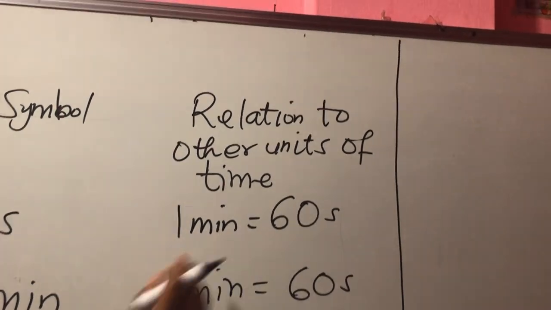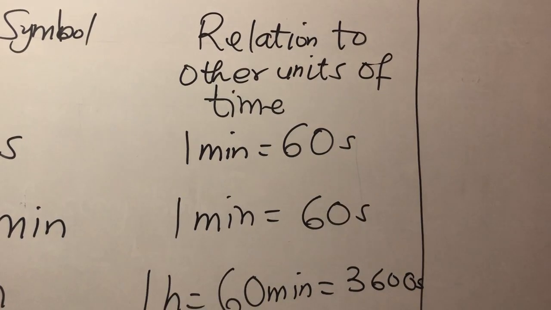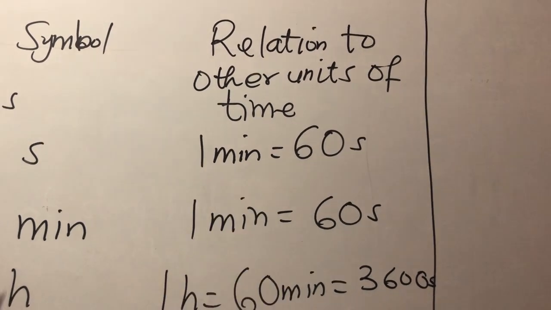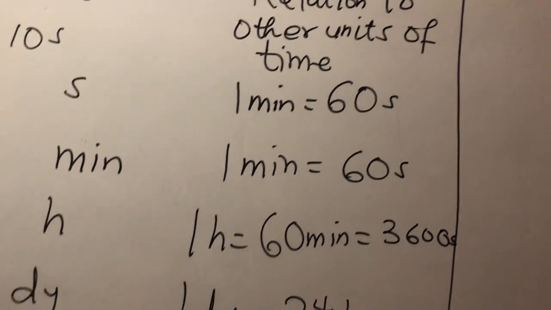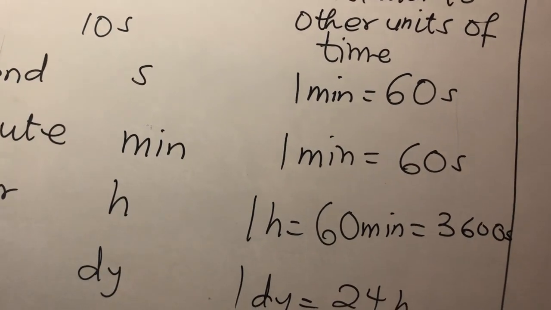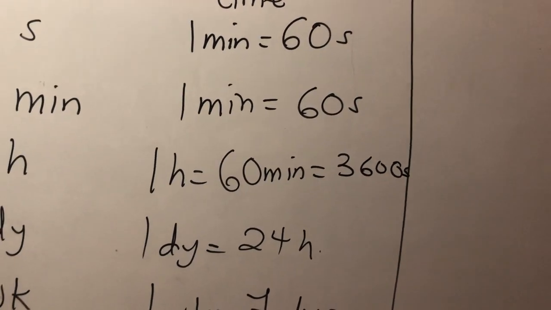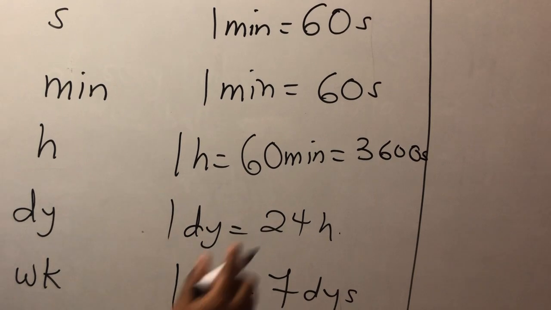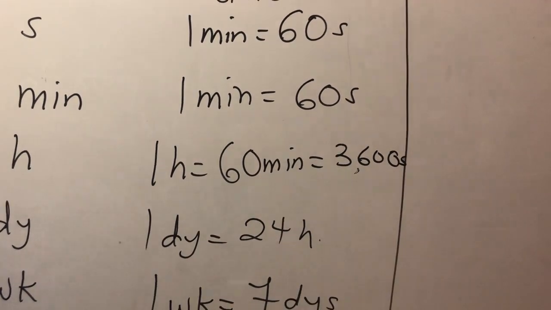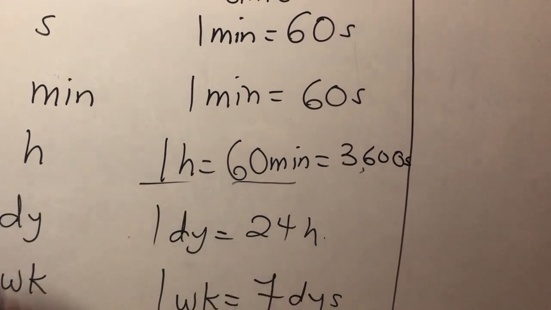Now, the most important thing you have to do to be able to help with our calculations is to know that 1 minute gives us 60 seconds. So every 60 seconds, we get 1 minute. Now, for every 1 hour, there are 60 minutes in 1 hour, and there are 3,600 seconds in 60 minutes and in 1 hour.